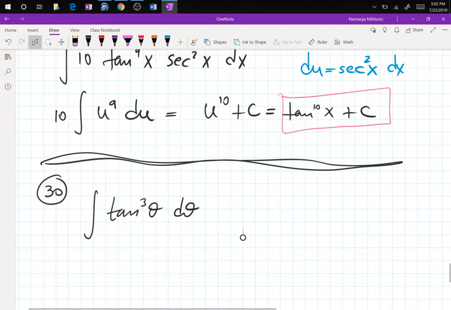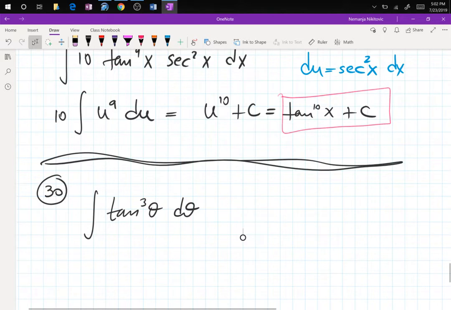Secant tangent. Secant squared. Secant squared. We don't have a secant squared. Or do we? If we take one off. Ah, you take one tangent off and you have tangent squared. And tangent squared can be, by use of magic called identity, transferred into secant squared, right?